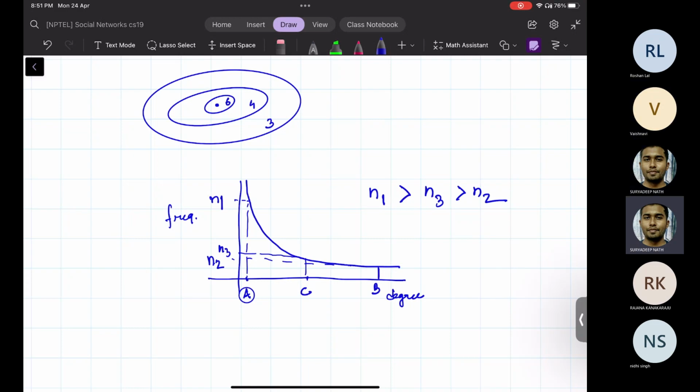So A is the least degree in the graph, A has N1 nodes, C is the median, and B is the highest. So it's a decreasing graph, and it would be N1 greater than N3 greater than N2, I think.